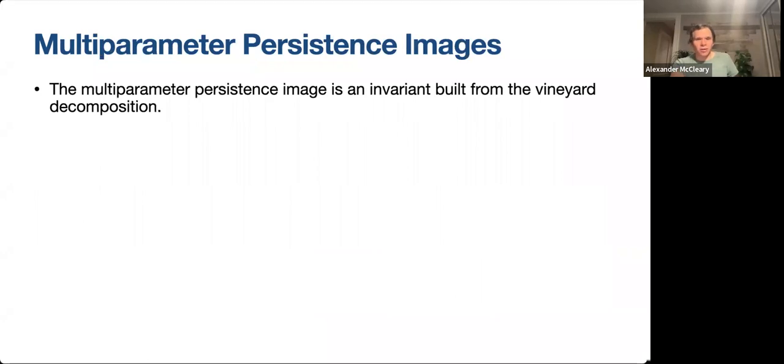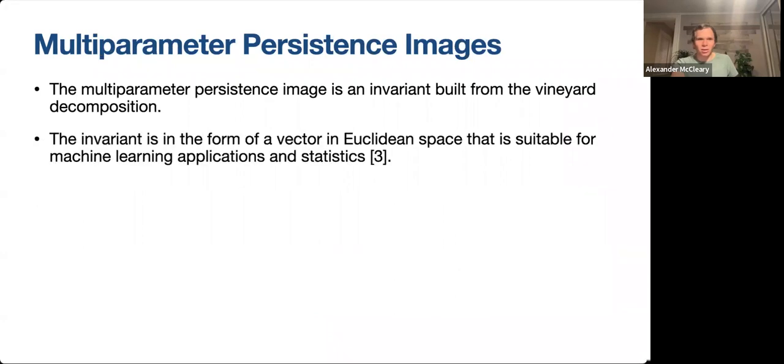The next thing we're going to look at is multi-parameter persistence images. These are built off of the Vineyard decomposition. The idea here is that we want to turn the Vineyard decomposition into something that is a vector. We want to vectorize our data so that we can use machine learning and statistics and stuff like that.